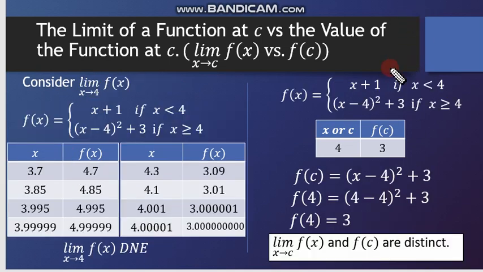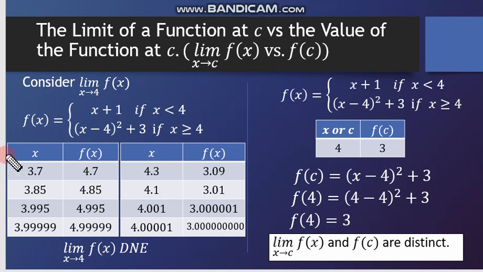So another example, the limit of f of x as x approaches 4, where f of x is equal to x plus 1 if x is less than 4, and the quantity x minus 4 squared plus 3 if x is greater than or equal to 4.